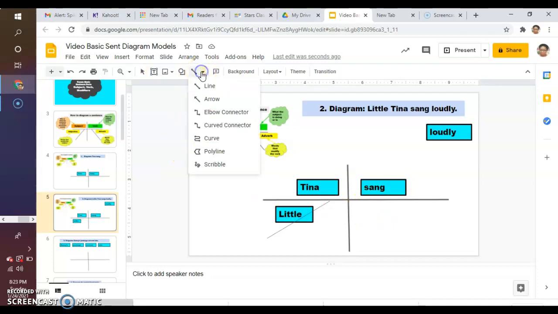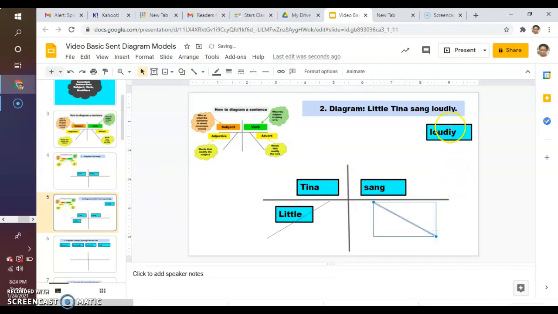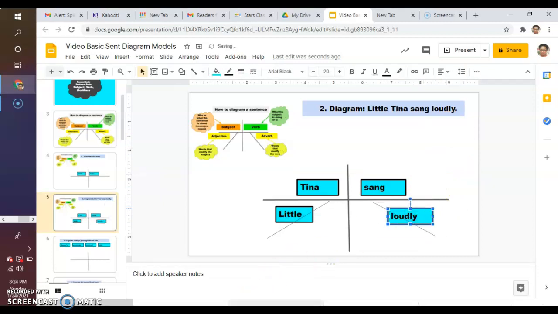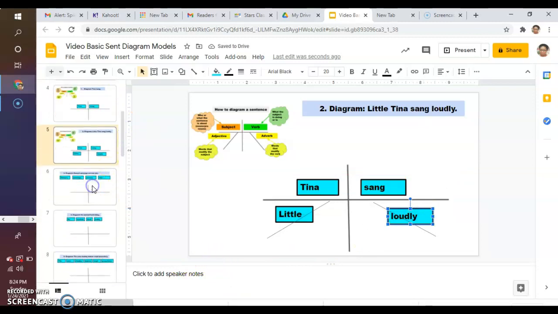So we can just make a line again, and we'll just draw it. Oops, sometimes you got to hit it twice. Okay, so loudly is telling you how Tina sang. It's an adverb, so it goes here. So there we go. Now let's go to the next one.